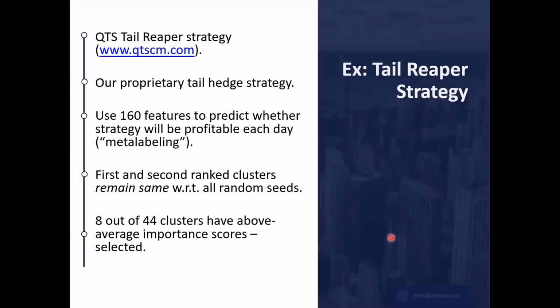We indeed have applied it to our own strategy, the Tail Ripper strategy, our tail hedge strategy that we run in our hedge fund. In that strategy, we use about 160 features for meta labeling. That is to say, we use these features to predict whether our strategy will be profitable the next day. If the probability of profitability is low, we won't trade that strategy.